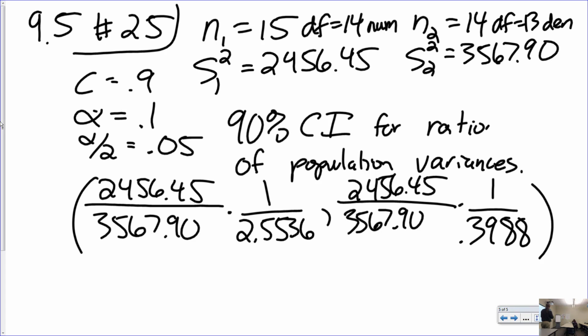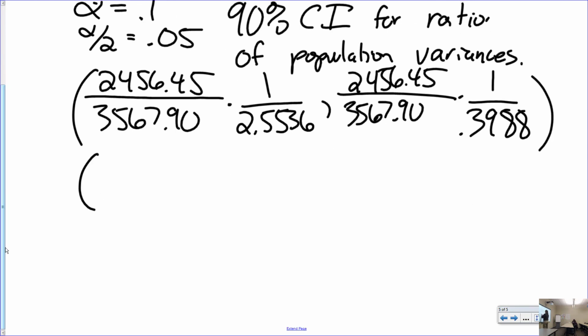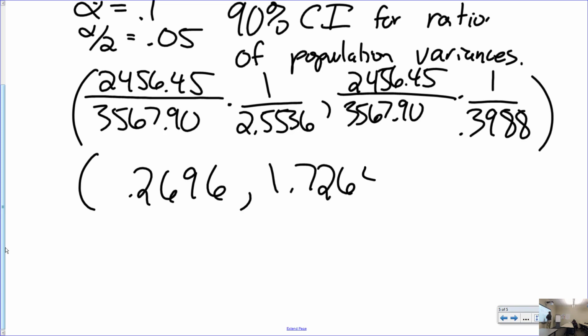Divided by 2.5536. Again, I'm just rounding to 4 digits because that's the way all of my numbers are.